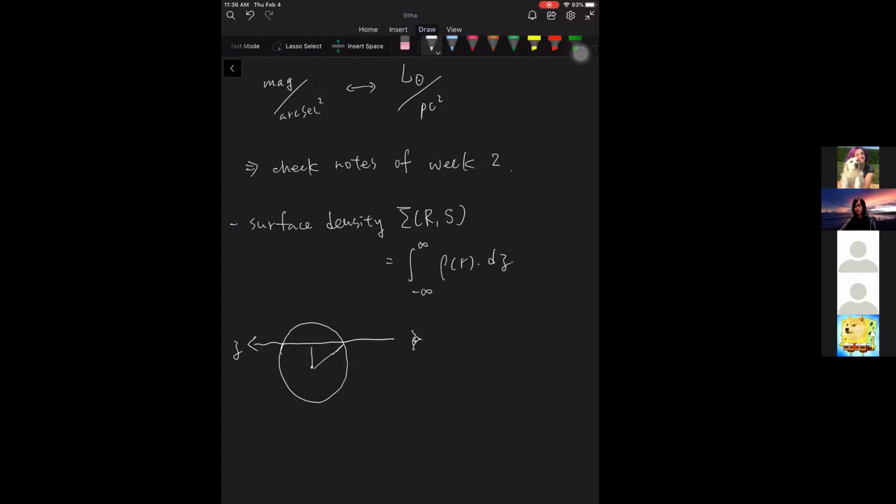Let's say the radius is r here. So the surface density is the density distribution at r integrated along the line of sight. Make sure you remember this when you do the homework.